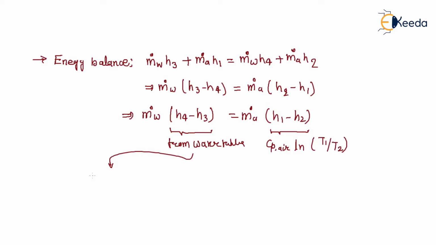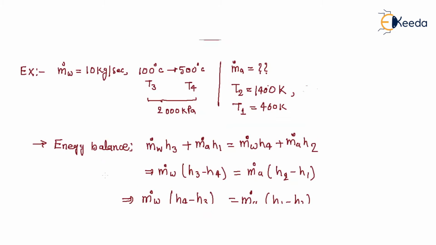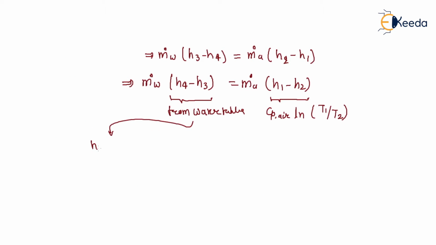What is H3? This is water in at state 3. H3 you have at 100 degrees centigrade and pressure 2 megapascal, and you have H4 also at 500 degrees centigrade and pressure 2 megapascal.